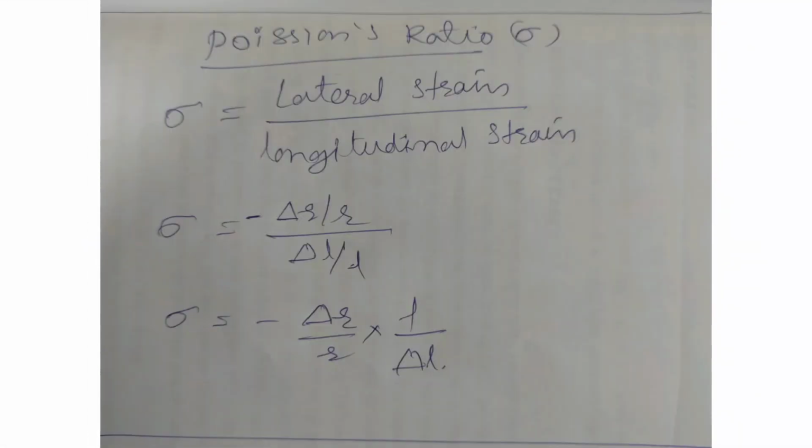Next, Poisson's ratio. Poisson's ratio is defined as the ratio of lateral strain to longitudinal strain, that is sigma is equal to minus delta R by R divided by delta L by L, that is delta R by R into L by delta L. Here also we need to use a negative sign because the radius of the rod decreases.